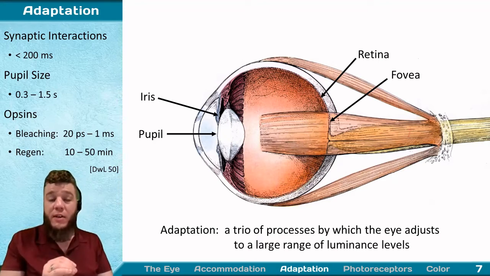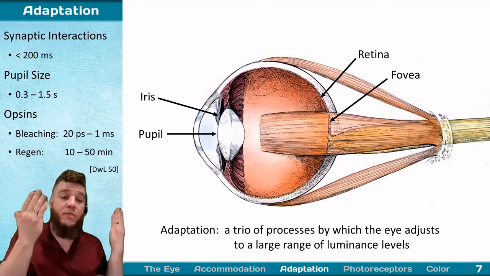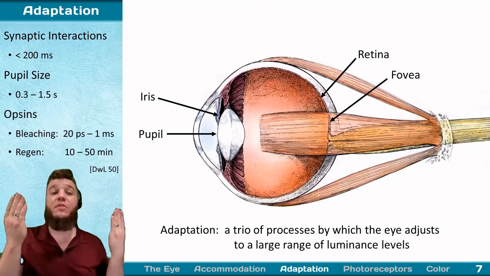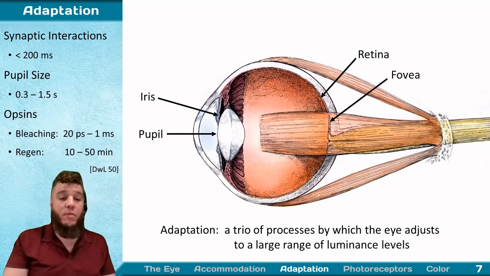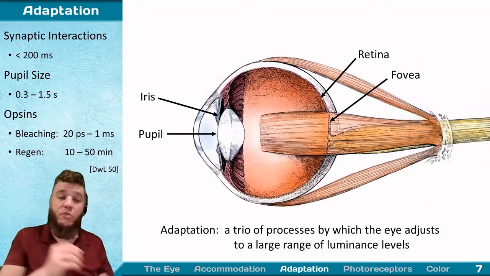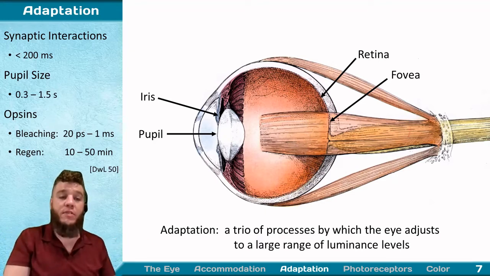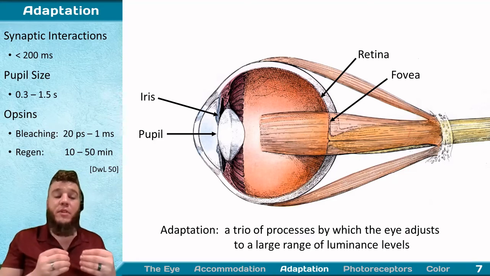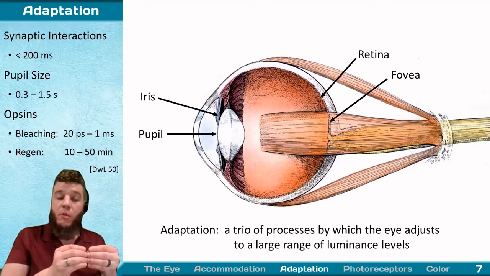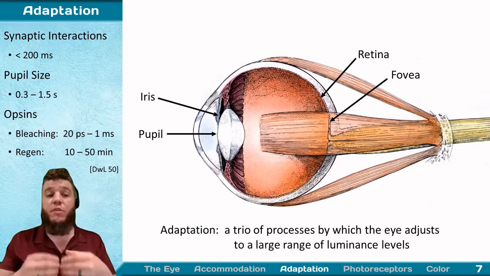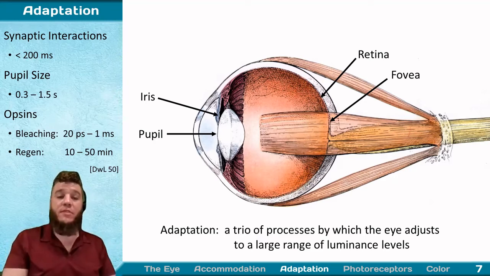And the reason that lingers is because the regeneration of opsins is actually much slower than the process of bleaching those opsins. Regeneration can take anywhere from 10 minutes up to almost an hour, depending on how extreme the change in light level is. And that's basically where those opsins are changing shape back to their original form so that they can again respond to new light stimuli.